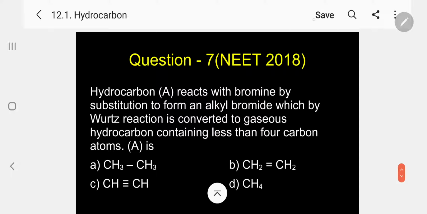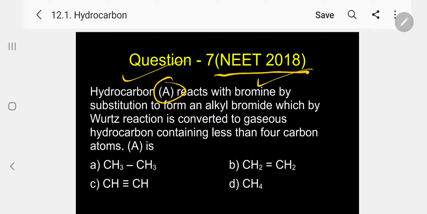Next, I will go to question number 7, asked in NEET 2018. Hydrocarbon A reacts with bromine by substitution to form an alkyl bromide. Please follow carefully. They have not said whether the hydrocarbon is an alkane, alkene or alkyne.